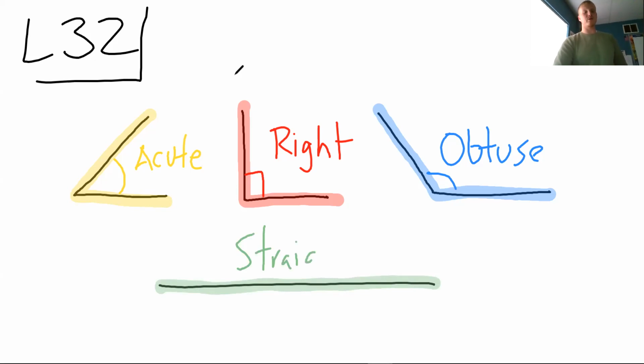Why? Well, it's a straight line. How many degrees is that? Well, it's 180 degrees. Anything that is a flat line, or what's called a straight angle, would equal 180 degrees. And that goes the same if it is a horizontal line or a vertical line.